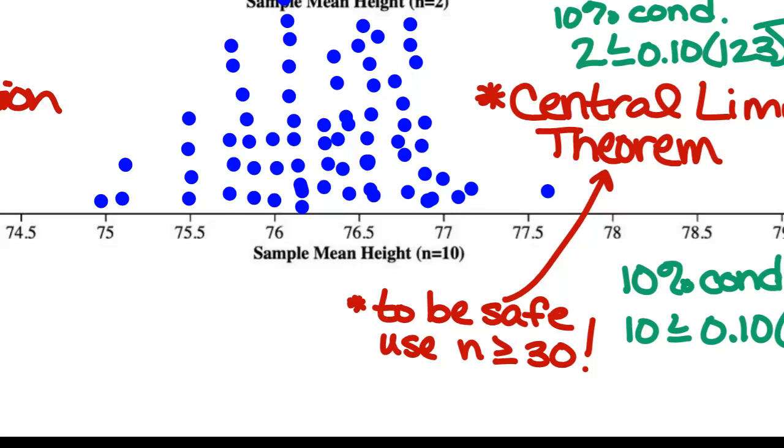So far, so good? So instead of having to check large counts, instead of doing n times p and n times 1 minus p, we just have to make sure that we have a sample that is at least 30 or larger. And then we get to assume normality for our sampling distribution, even if the population distribution is not approximately normal.